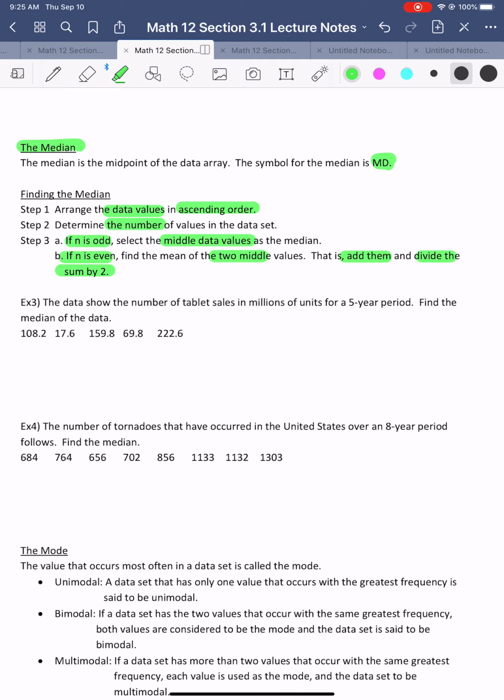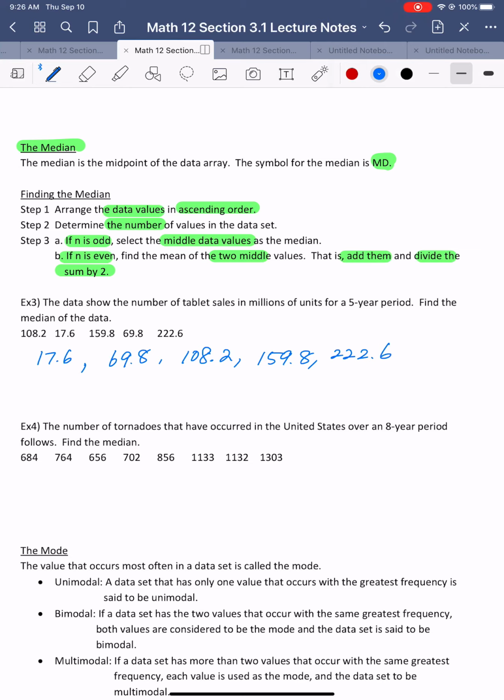So first of all, we need to make sure the numbers are in ascending order. So you need to see what's the smallest number. I see 17.6. And the next one is 69.8, 108.2, 159.8, and 222.6.